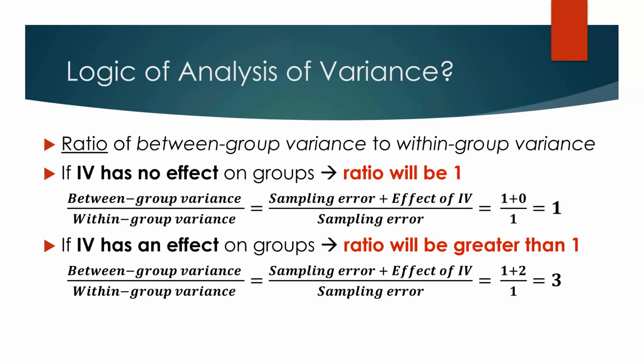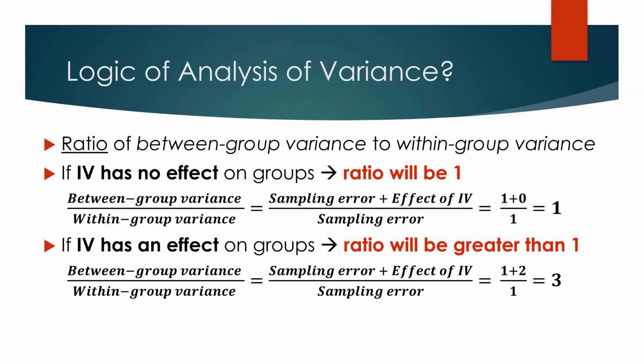In the equation there's going to be a top part and a bottom part. The top part represents the between group variance, and the bottom part represents the within group variance, so to speak. When you take the ratio of between and within in that equation, you get a single number.